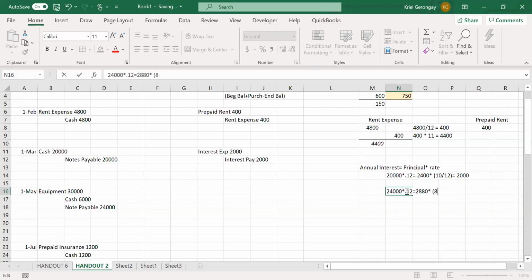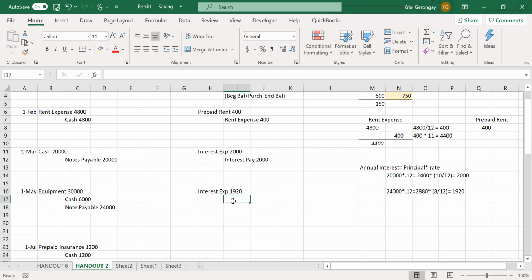Yeah, 8 months. 8 months over 12 to get the amount of 1,920. So similar to this, we're debiting interest expense 1,920, and crediting interest payable 1,920.